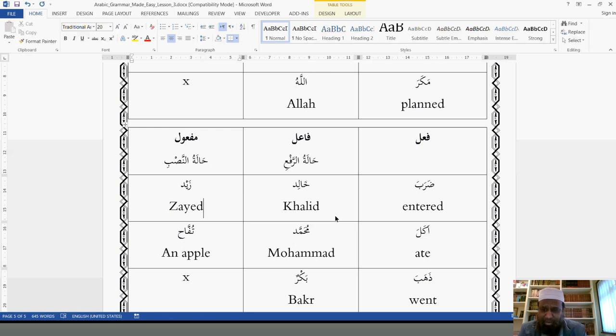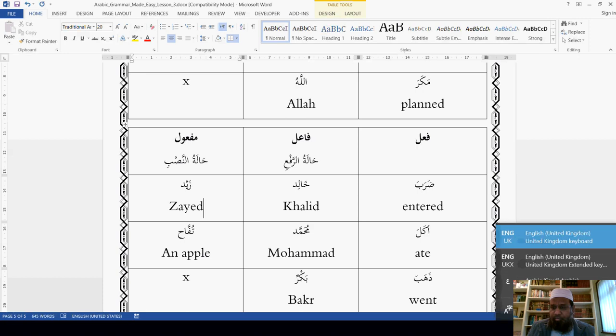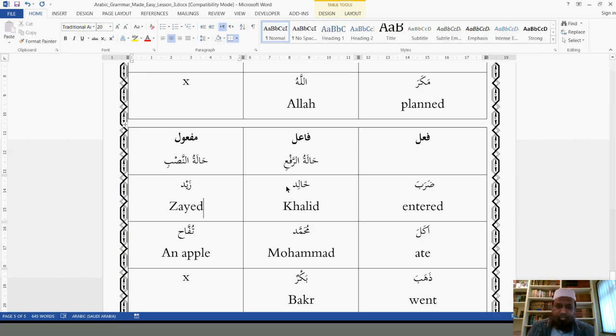Khalid, is that dhammatain or fathatain? Khalidun, it takes dhammatain. What about Zaid? We can see it is maf'ul and is halatun nasb. Fathatain. So that's our complete sentence. Daraba Khalidun Zaidan. Over here Khalid is the doer and Zaidan is the maf'ul.